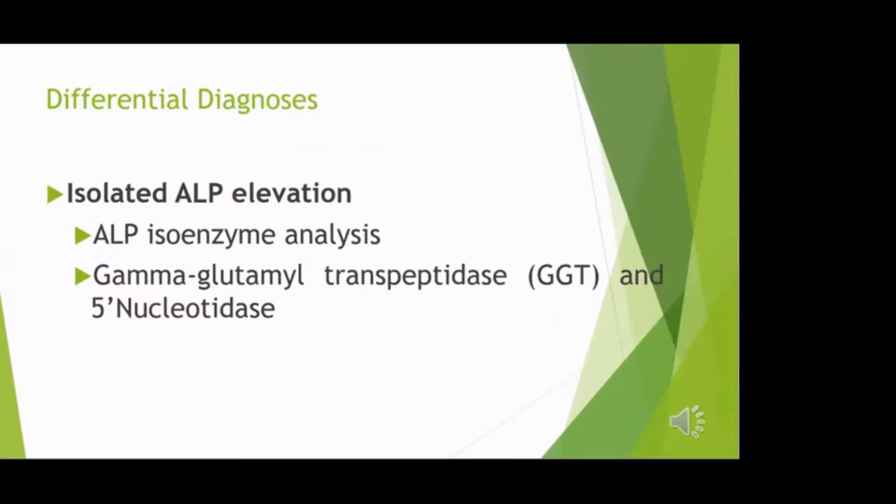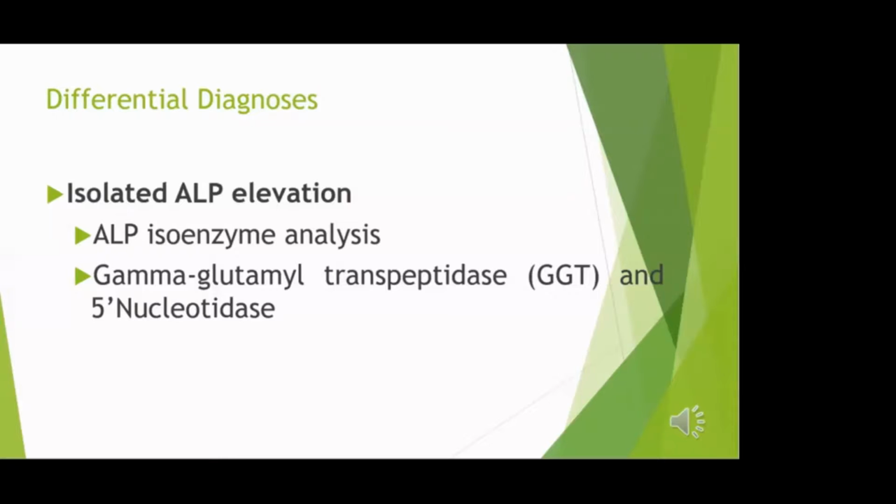Okay. So ALP isoenzyme analysis is by electrophoresis, or concurrent GGT and 5-nucleotidase levels should be analyzed to determine if the elevated ALP levels are of hepatobiliary origin. So an isolated ALP elevation does not always point to a liver disease.